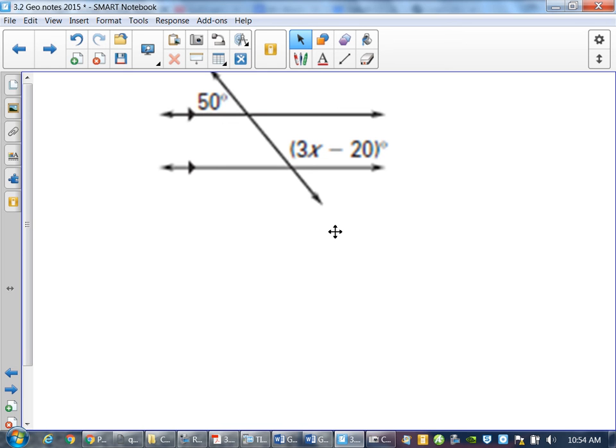Here's what that means. I didn't rip it.